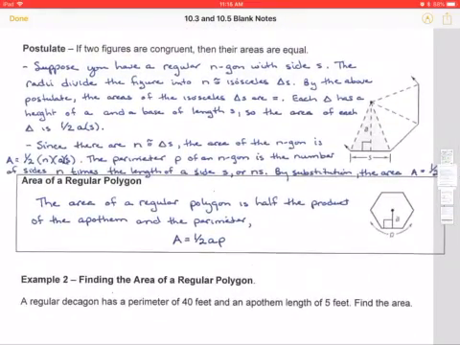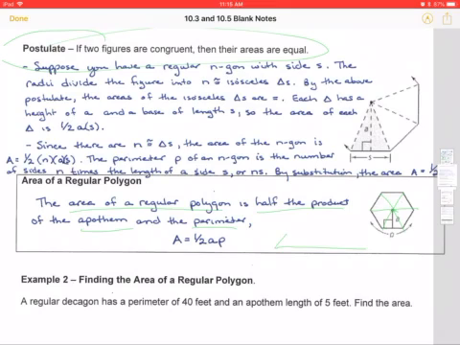You can pause this and read the postulate if you want, but I'm just going to dive right into the formula, where if we're aiming for the area of a regular polygon, this is half the product of the apothem and the perimeter, which makes sense because if we were going to divvy this up, think of this as if we just cut this apart into 6 different triangles.